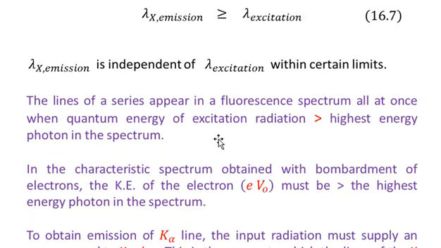The lines of a series appear in a fluorescence spectrum. Fluorescence spectrum means that you excite a sample with X-rays, and you also observe the X-rays emitted by those materials. That is called the fluorescence spectrum. So the lines of the series appear in a fluorescence spectrum all at once when the quantum energy of the excitation radiation is greater than the highest energy photon in the spectrum.